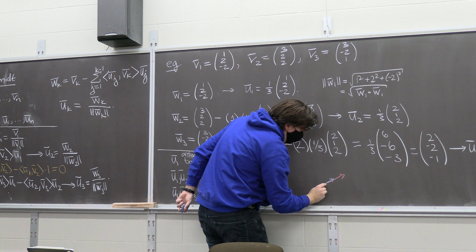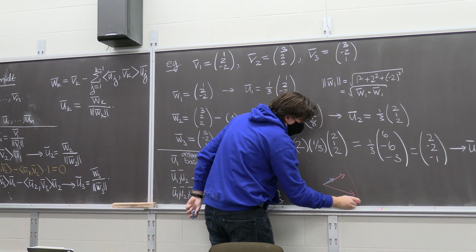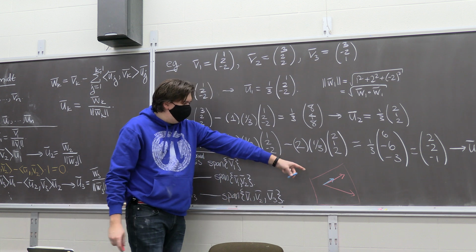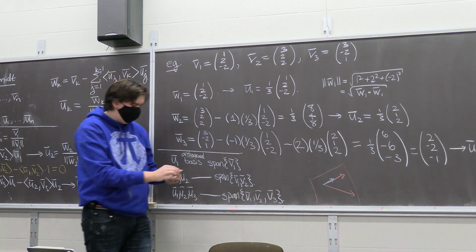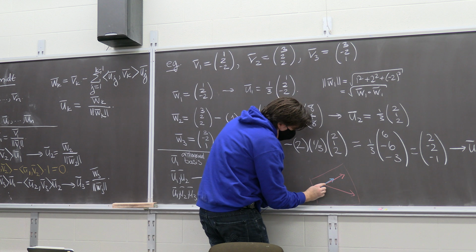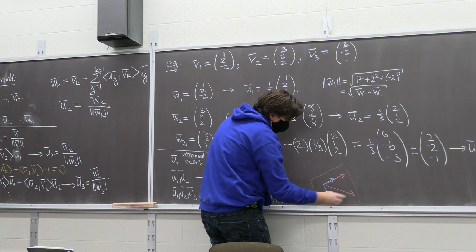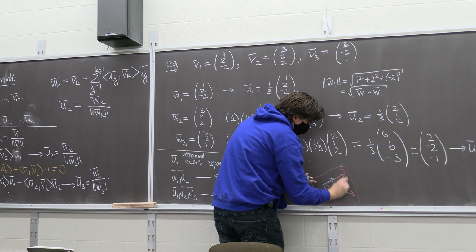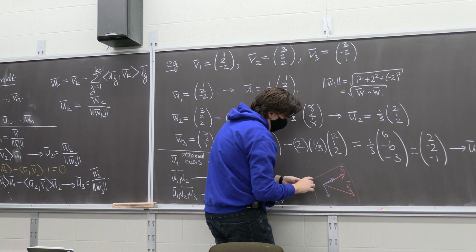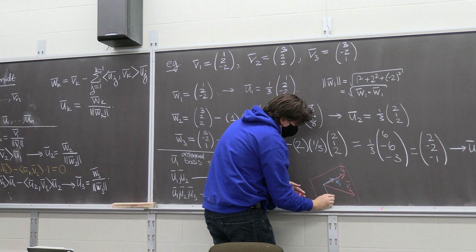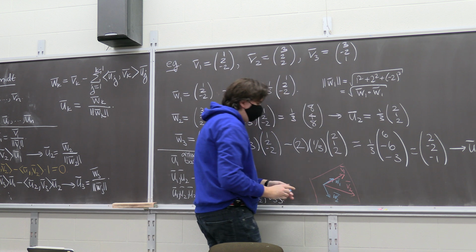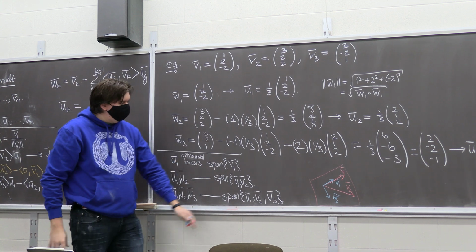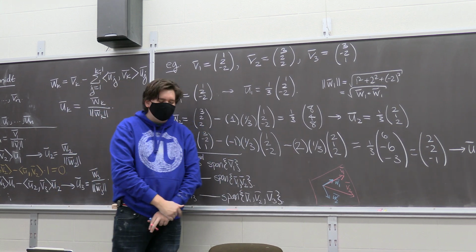Well, V1 and V2 together span some plane. But V1 and V2 are not orthogonal to each other. So that's when we turned that V2 into this W2. So this was our V1, this was our V2, and we turned them into W1 and W2. And so W1 and W2 are filling the same plane that V1 and V2 were filling, right?